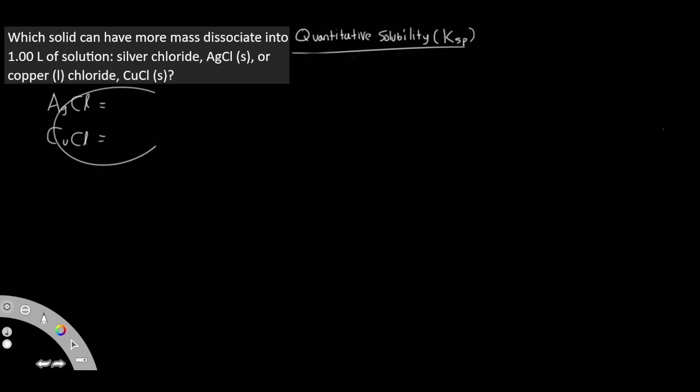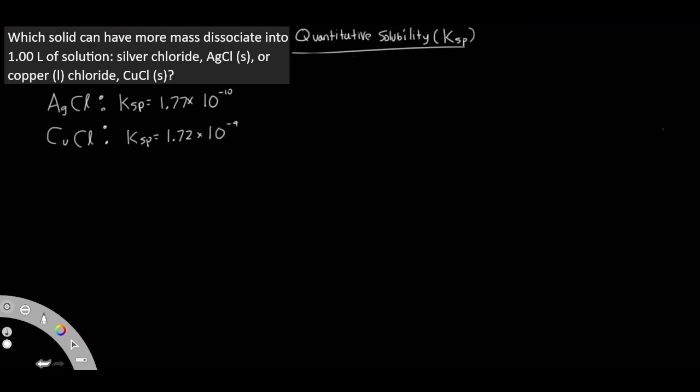In this case, I'll be just giving you just for the AgCl and for the CuCl. For AgCl, the Ksp value is going to be 1.77 times 10 to the negative 10. Whereas CuCl over here is going to have a Ksp value of 1.72 times 10 to the negative 9.